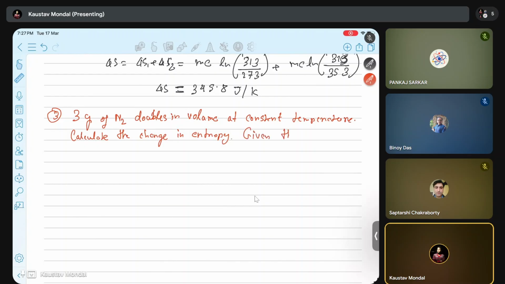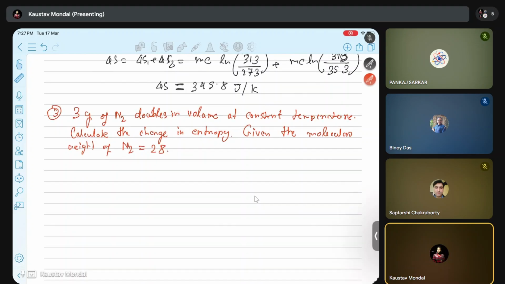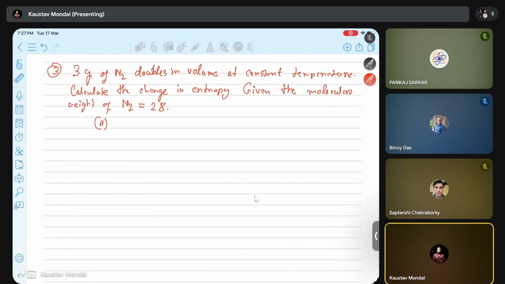Given the molecular weight of nitrogen is 28. So the options, all in joule per Kelvin, are option A 0.862, option B 0.523, option C 1.217, and option D 0.617.